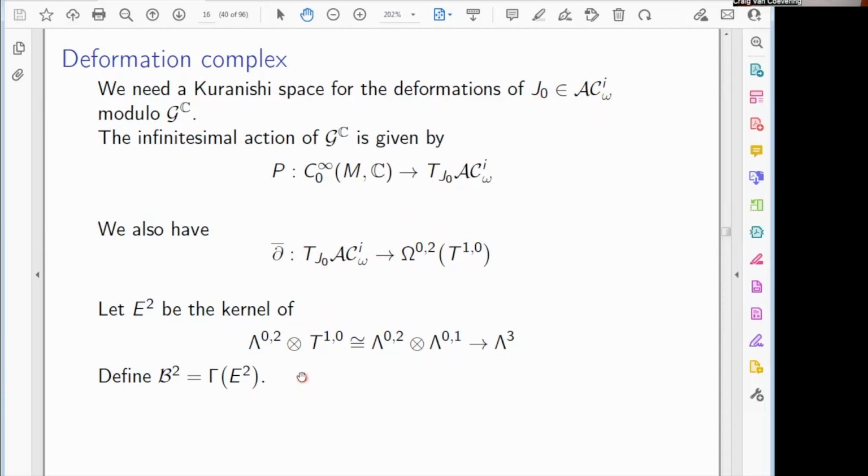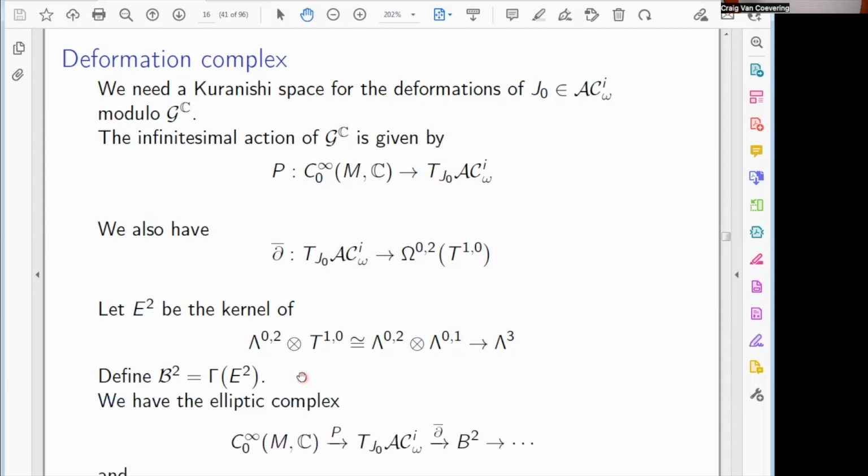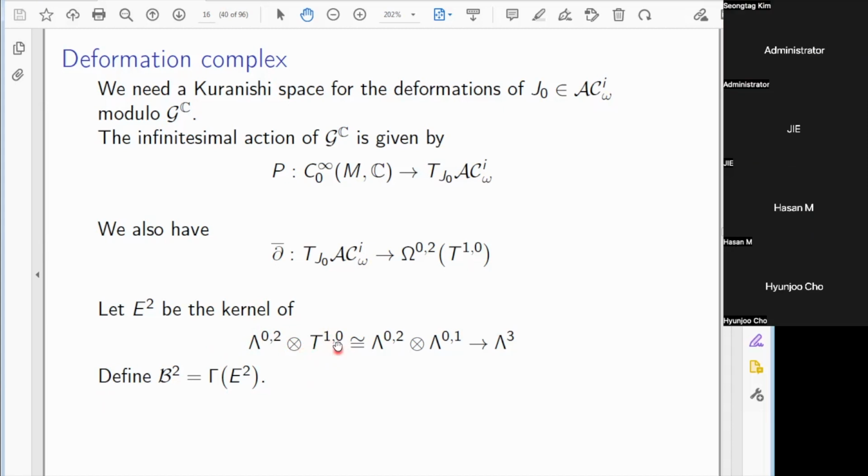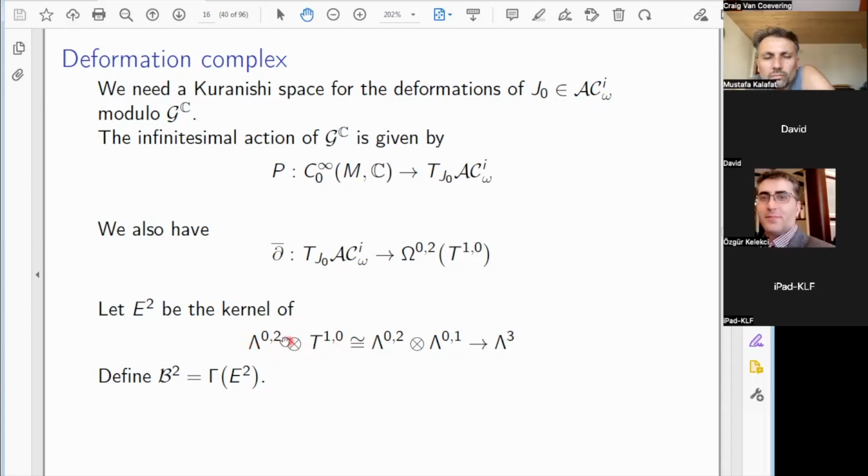So what you do is, we're taking the Dolbeault complex with values in the holomorphic tangent bundle, but we're taking a subspace of that. So to get the subspace, you lower the tangent vectors to the forms of type 0,1, and then you wedge here.